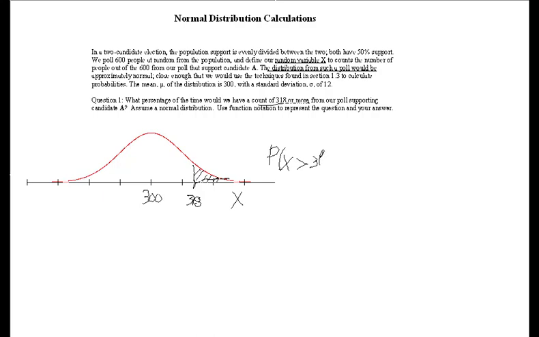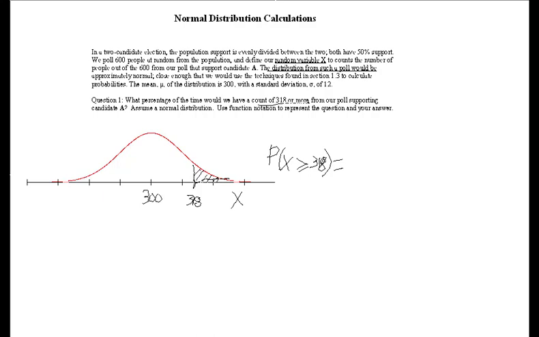Now, I know you're saying, well, or equal to, so I should put an equal sign. We'll get into more of this distinction in chapter 4. The output from this function will give me the proportion, what I'm looking for.